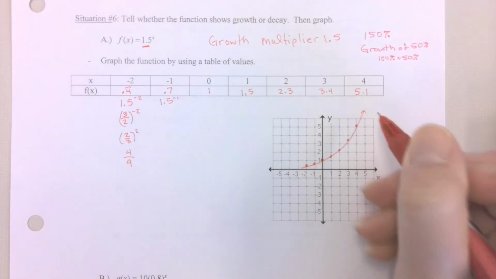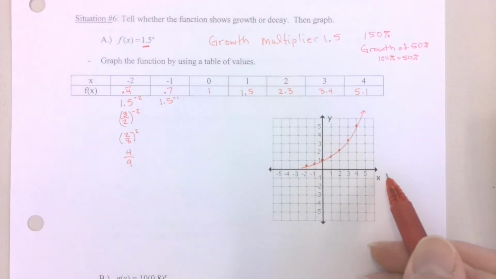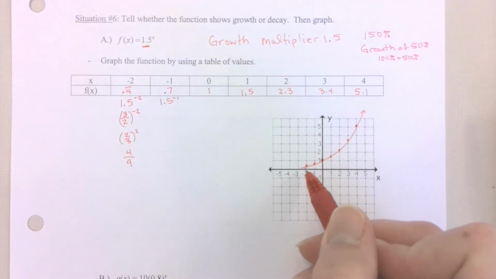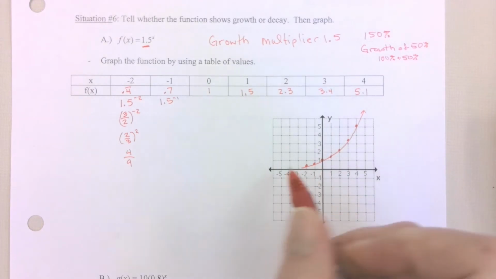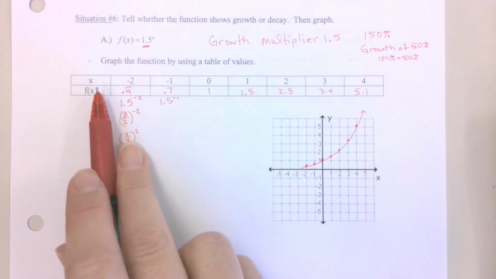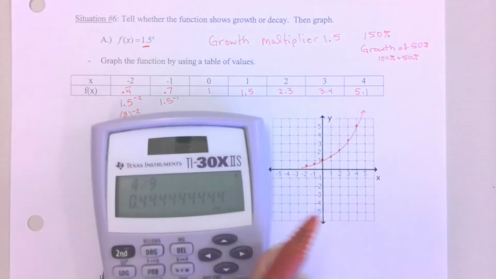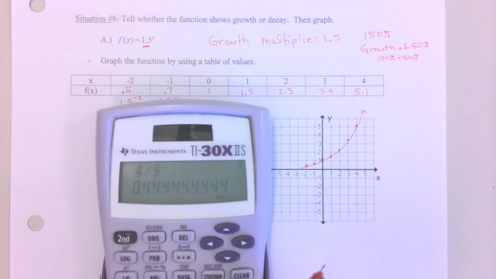If I wanted a little more accuracy, I would keep continuing the x values. And if I wanted to see what was going to happen here, I would continue putting in negative numbers. Just to show you, we're never going to get 0. If I take 1.5 to the power of -10, I get a small decimal, 0.017.